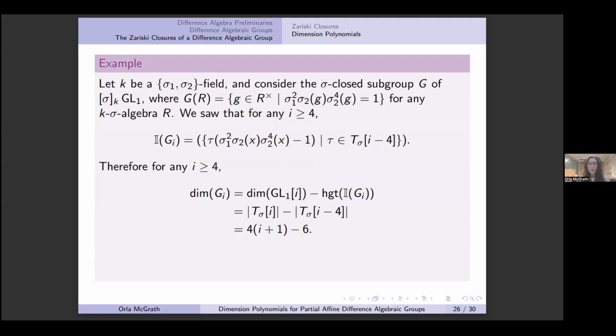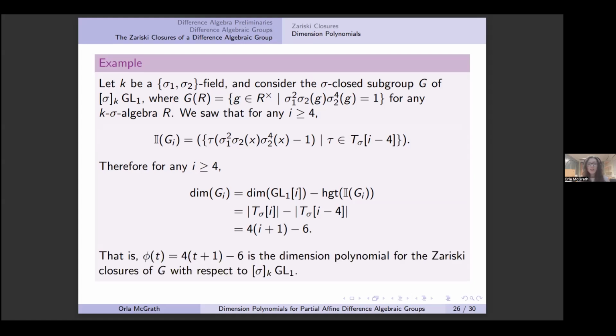And so hopefully you agree with me that we can find that the dimension of the algebraic group is like this. We can use some combinatorics to find the exact form of this. And so we see that the dimension polynomial for this multiplicative group that we've been looking at is 4 times (t plus 1) minus 6.